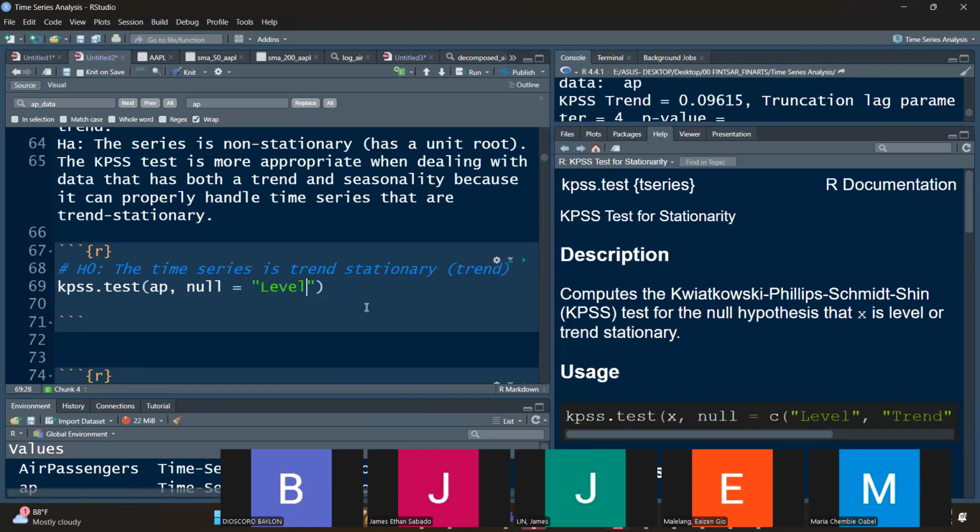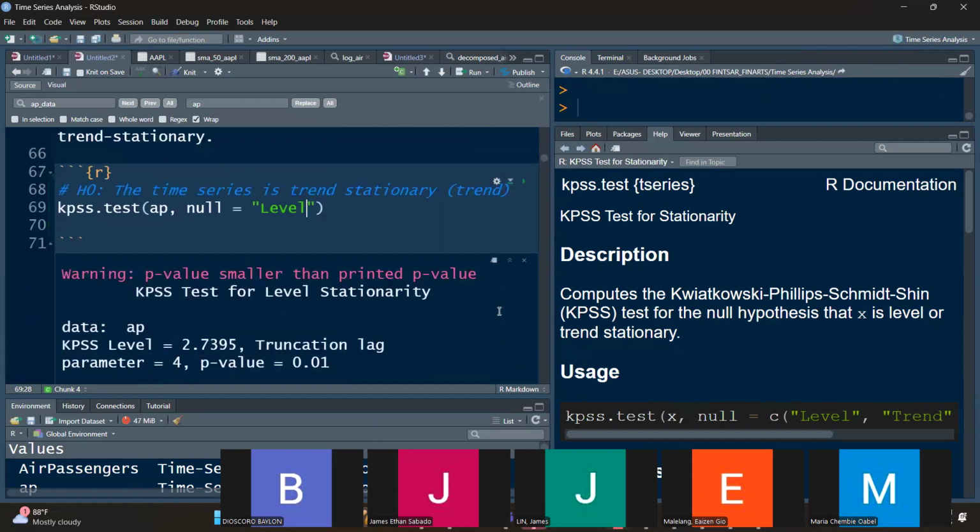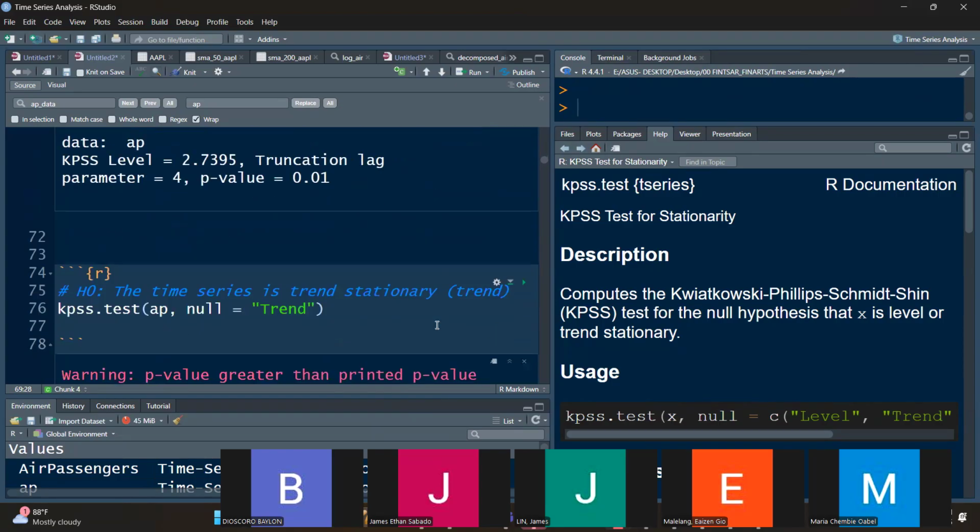And what will be the result here? Now you can see that the p-value is different, because this one, the null is equal to level, is saying that there is no trend. So you can see the difference with the KPSS test.